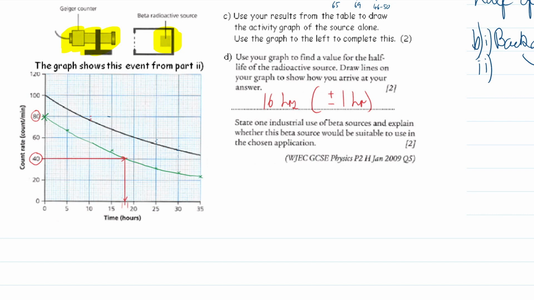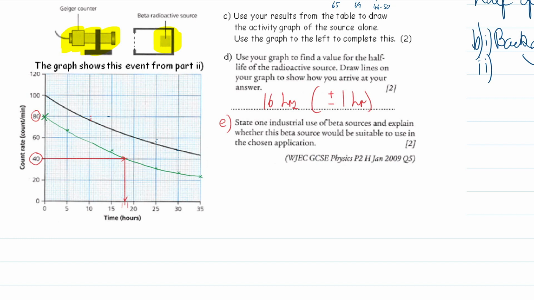Finally, it hasn't got a letter there. Part E. State one industrial use of beta sources and explain whether this beta source would be suitable to use in the chosen application. The industrial use that you've learned about is monitoring the thickness of paper or aluminium using rollers.